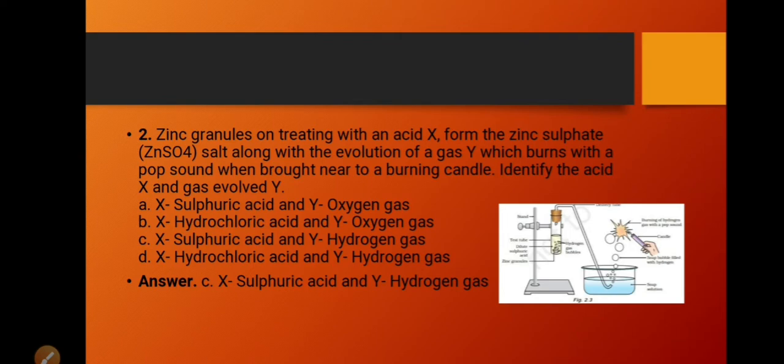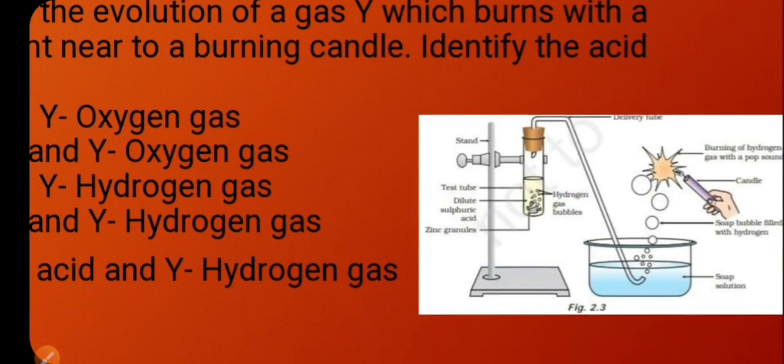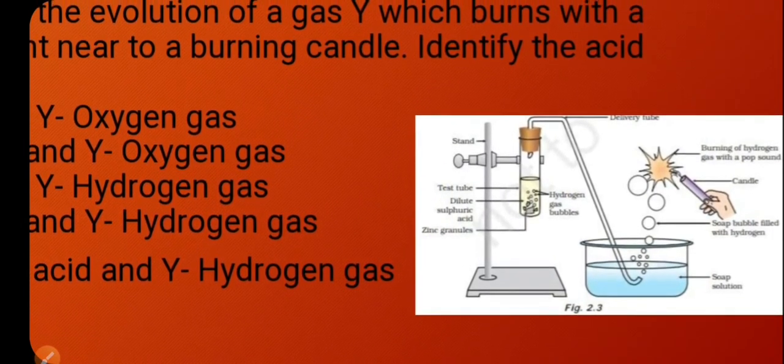In this figure we can see clearly, in this test tube we put the diluted sulfuric acid and some zinc granules are put in the test tube. So the hydrogen gas will evolve. We confirm it with the burning candle, and the burning hydrogen gas makes a pop sound.